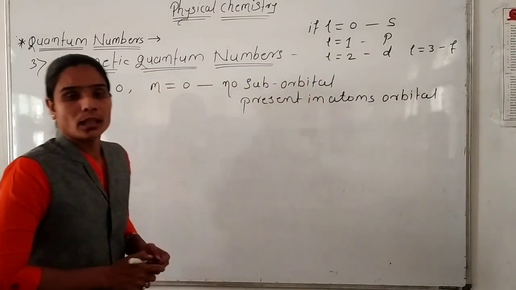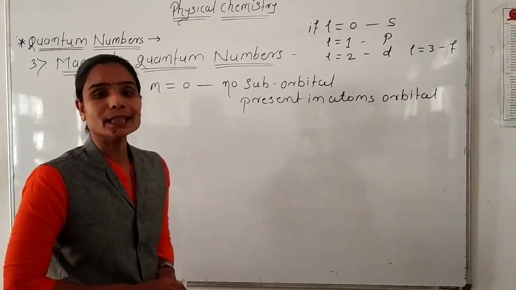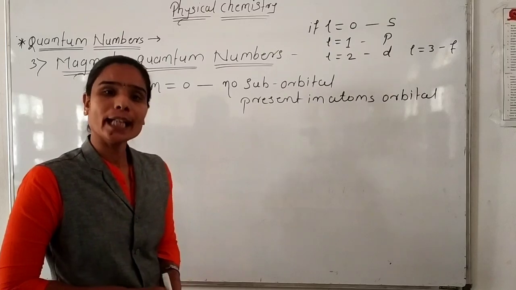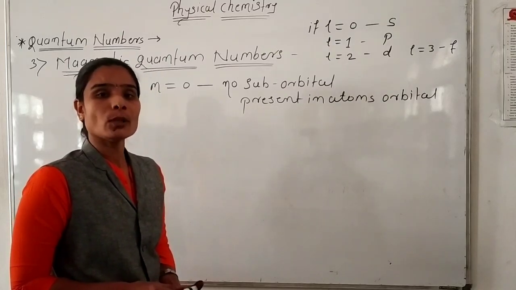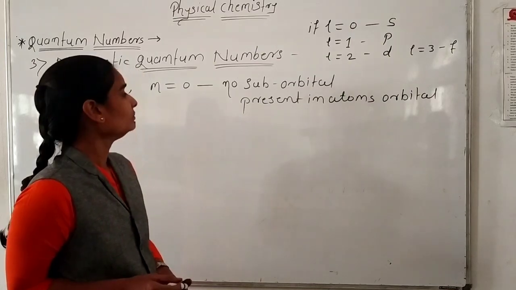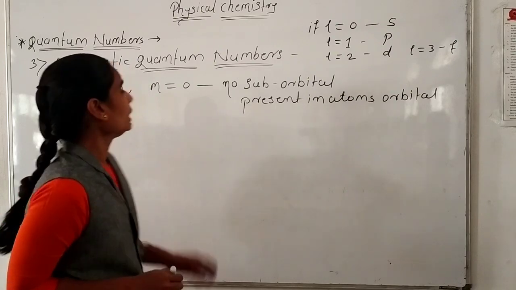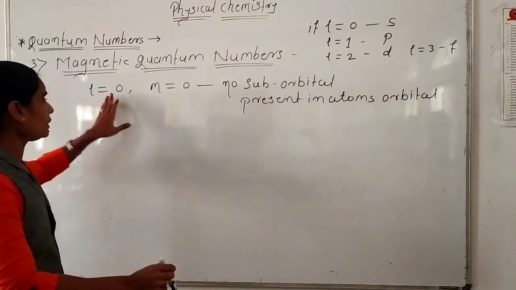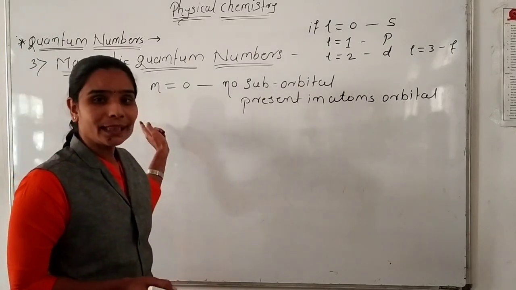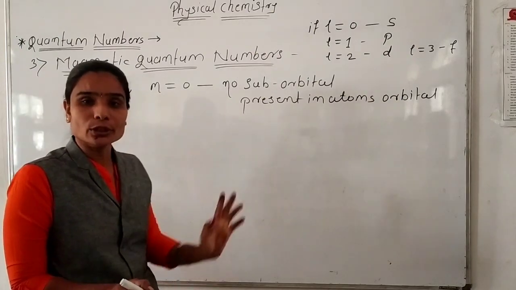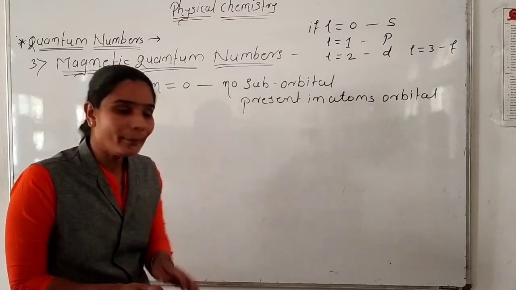Listen. The azimuthal quantum number gives information about the main orbital present in the atom, and the magnetic quantum number gives the information about the suborbitals present in the main orbital. Now, this magnetic quantum number is related with the azimuthal quantum number. So, when L is equal to 0, then m is equal to 0, means this situation shows that there are no suborbitals present in that main orbital.